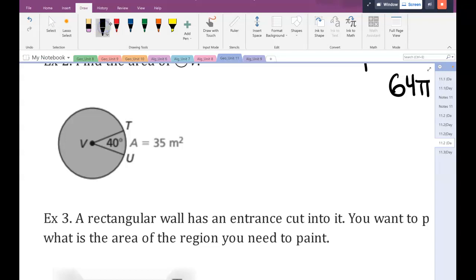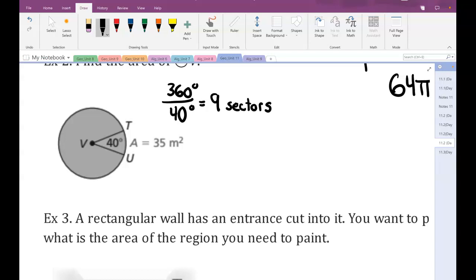What's 360 degrees divided by 40 degrees? You get 9, which means in this circle we can make 9 equal sectors, and each sector would have an area of 35 meters squared.